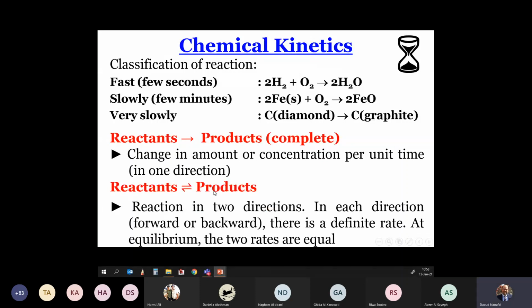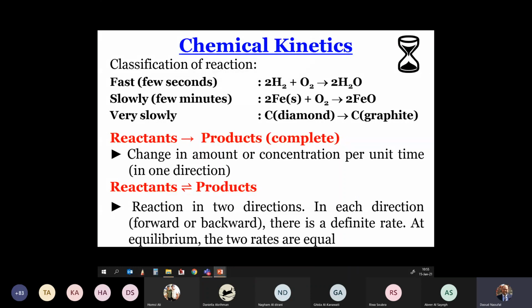Some reactions take place in two directions, and you call this reaction reversible. We know that the term reversible means a reaction or transformation in two directions under the same conditions in direction 1 and direction 2.